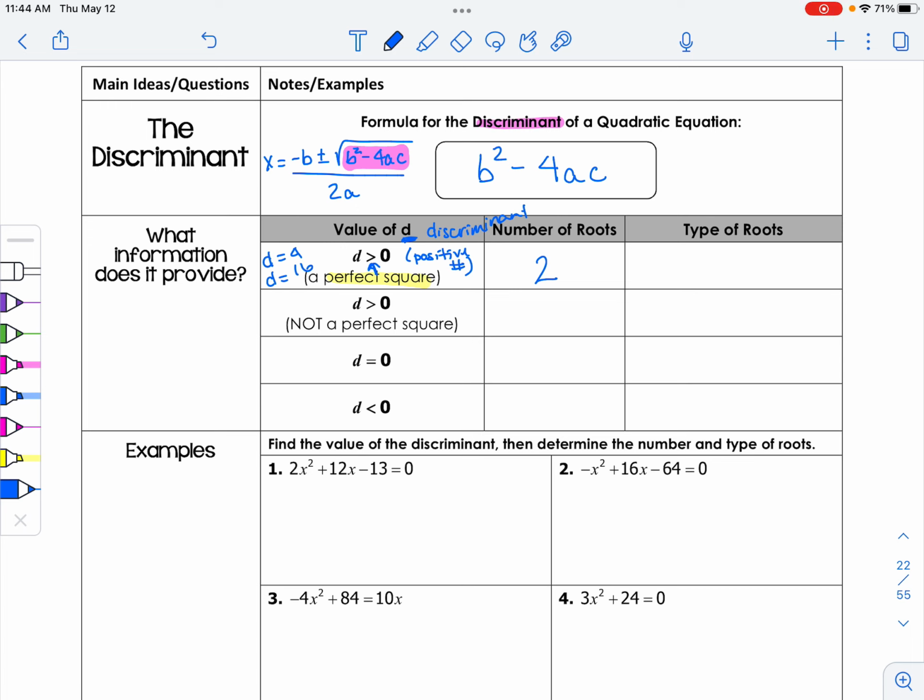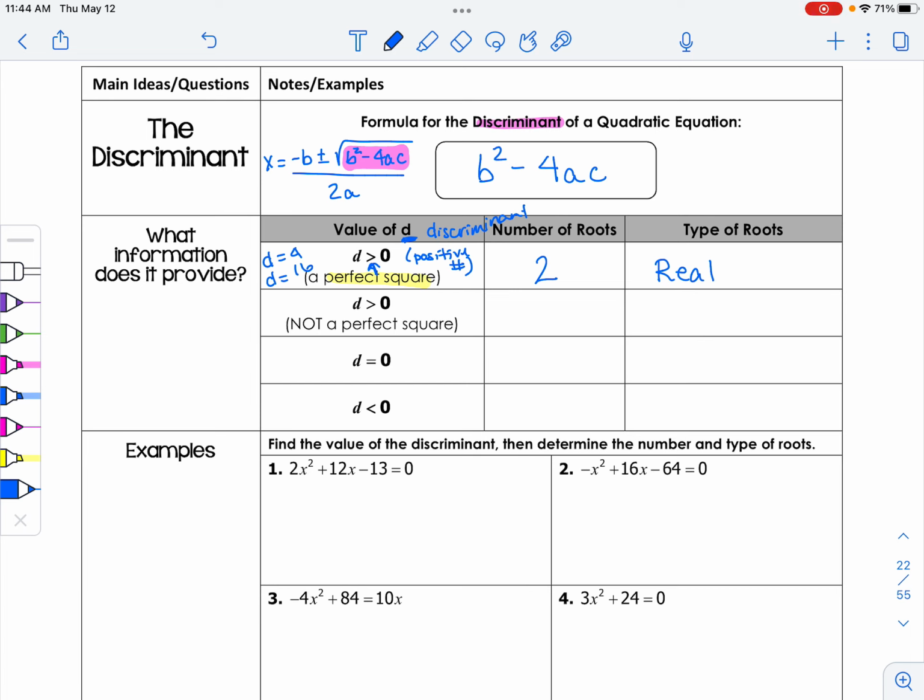The type of roots that we're going to focus on are whole numbers. It's going to be a nice answer. If you graphed them, you would definitely see the intercepts right there on the axis with nice numbers to look at. But what I really want you to focus on is they would be 2 real solutions.